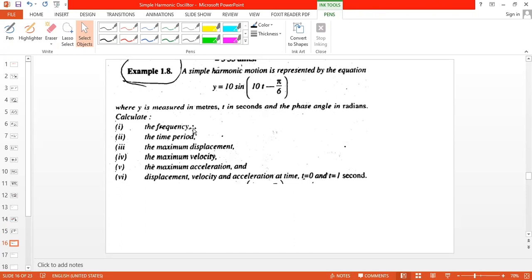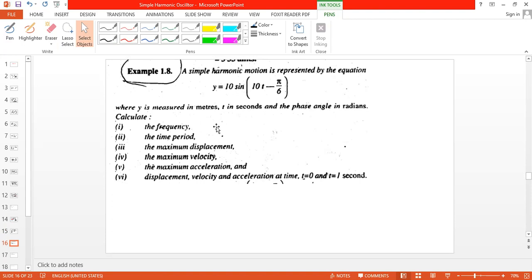Here we have to find the frequency, time period, maximum displacement, maximum velocity, maximum acceleration, and displacement, velocity, acceleration at time t equal to 0 and t equal to 1 second. This is the displacement of a particle executing simple harmonic oscillation, and for this particle I have to figure out the frequency, time period and so on.